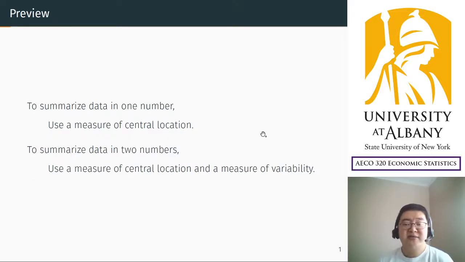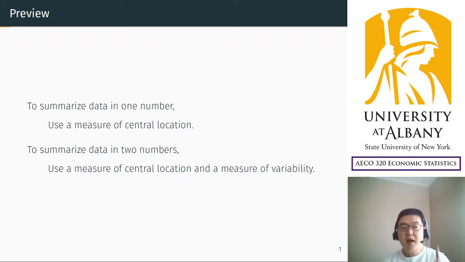To summarize chapter 3 and chapter 4 in two sentences, I would say this. If you want to summarize data in one number, just give me one number, then it will be the mean. Or if you have special concerns, then you may use a median.